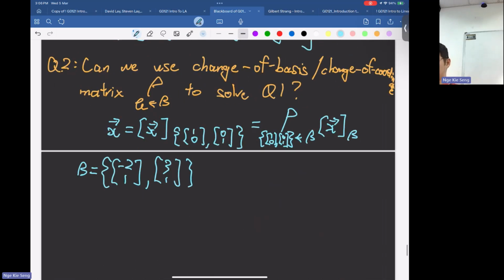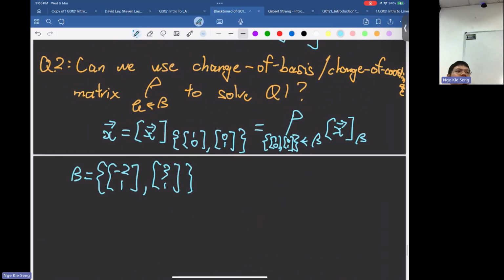How to find this change of basis matrix from B to C? What do you need to form? How do you compute this change of basis matrix from B to C?